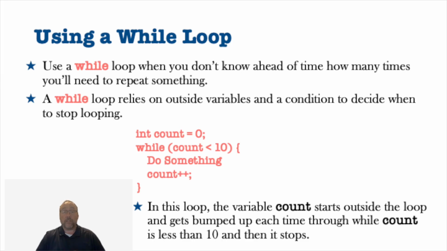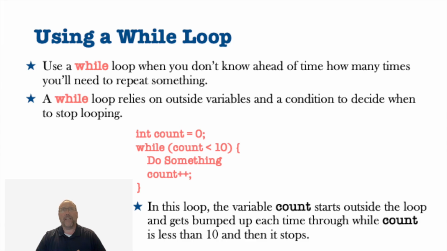And in this case, we declare it and set the value to 0 outside of the while loop. So count starts at 0. The while loop also has a logical expression. Count is less than 10. It does something within this block, and then it has the accumulator at the end, count plus plus. This block of code and the one that we looked at with the for loop do exactly the same thing, just in a slightly different way.